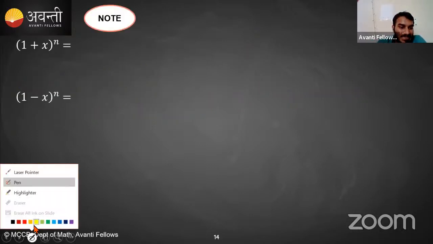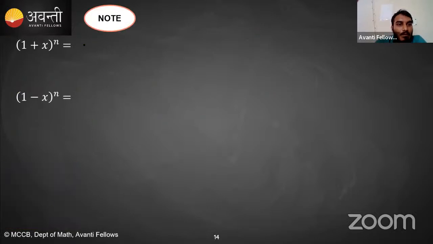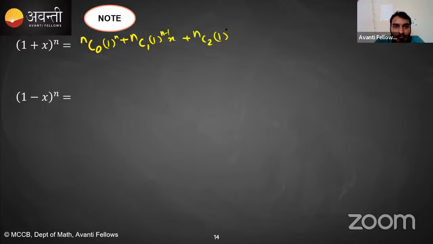So now, students, there is a small note, and if possible, please remember this expansion directly. (1 + x) raised to the power n, using the binomial theorem, I can write as nC0 1^n + nC1 1^(n-1) x + nC2 1^(n-2) x^2 + nC3 1^(n-3) x^3, like that up to nCn x^n.